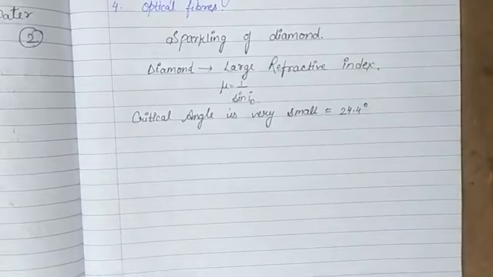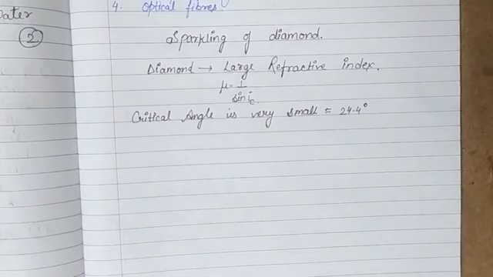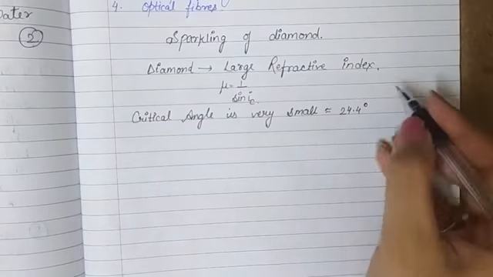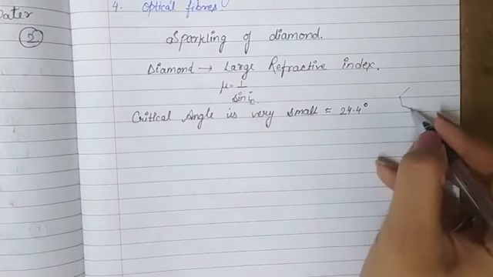So this is a very small angle, and the faces of diamond are cut such that the light entering the crystal suffers TIR repeatedly. Diamond is cut into different faces like this.